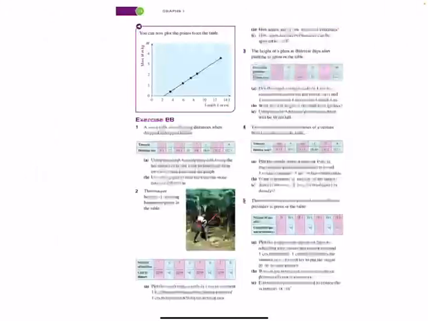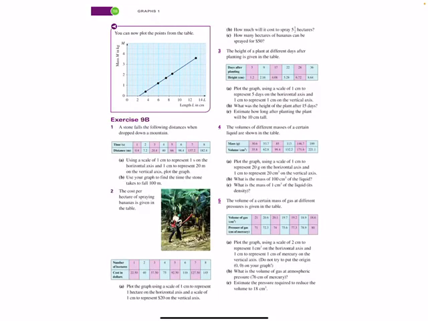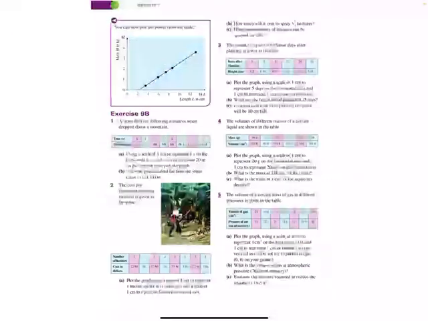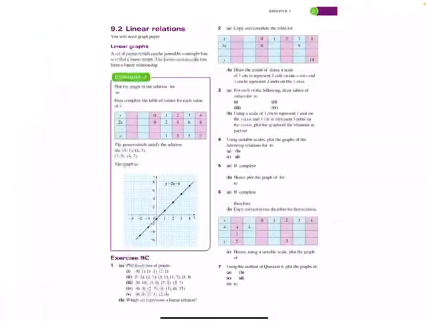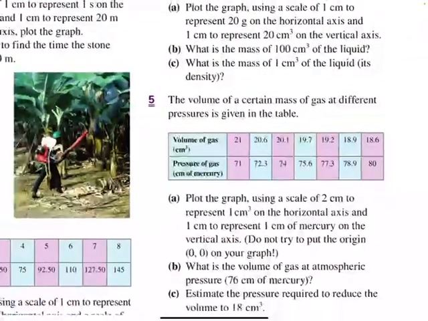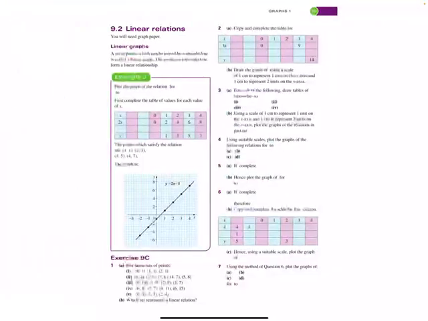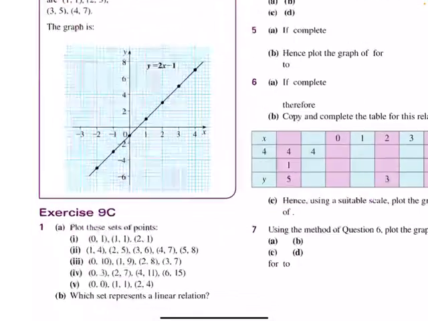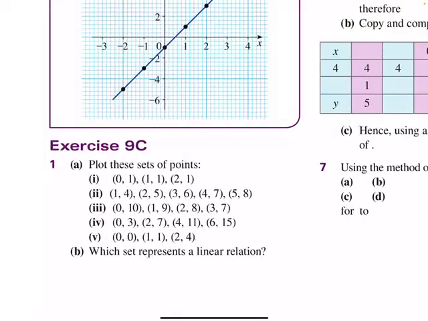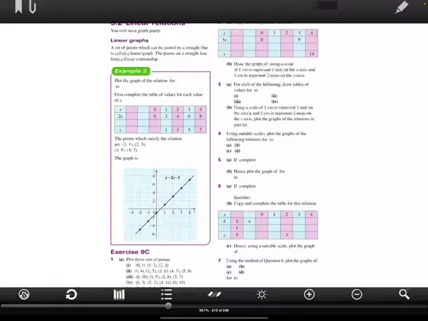You go to the next one, 9b, you make 1 and you make 5. Yes. 9.2. At this speed, there is no time. We are going to catch up.